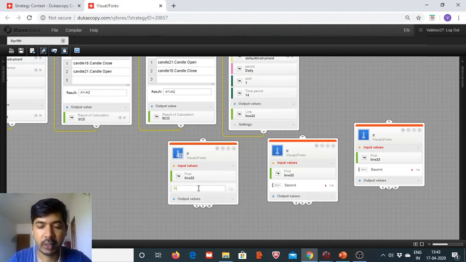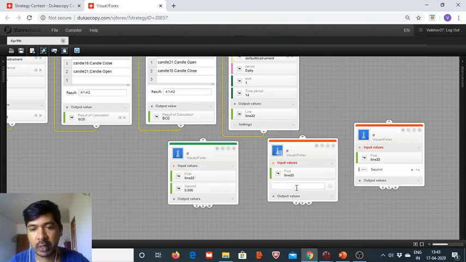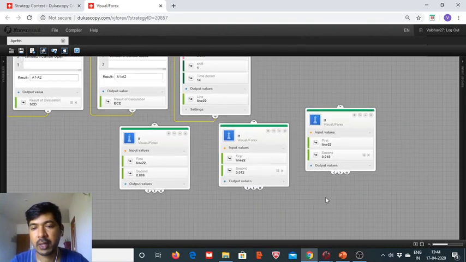First interval is 0.006, second interval is 0.012, third interval is 0.018. All right, we got it.